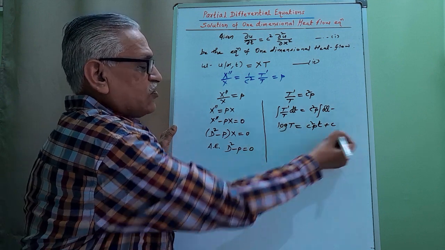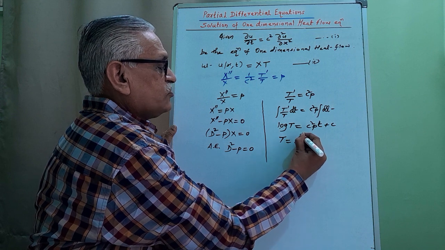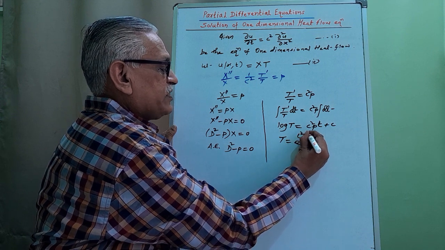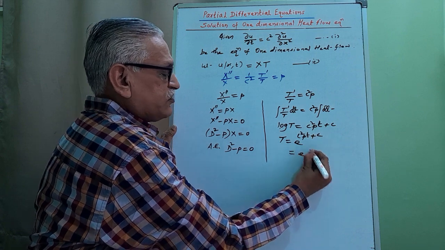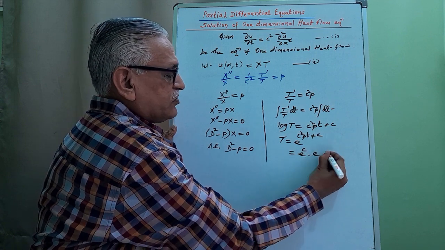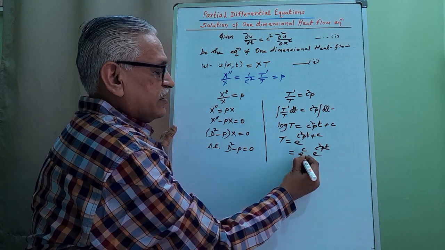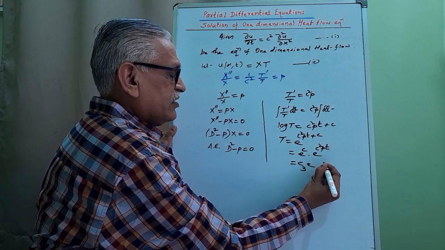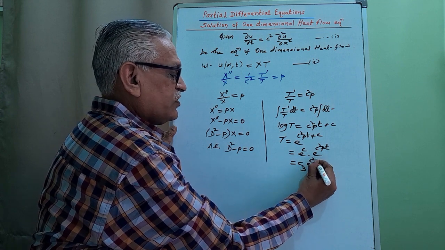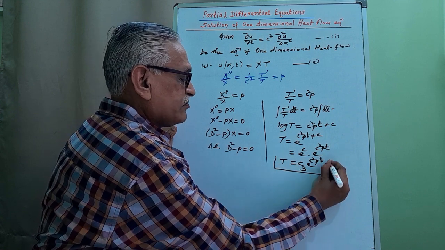Then transferring log to the other side, we get capital T as e raised to c square p t plus c, splitting it as e raised to c into e raised to c square p into t. E raised to c is a new constant, suppose c3, and e raised to c square p t is the value of capital T.